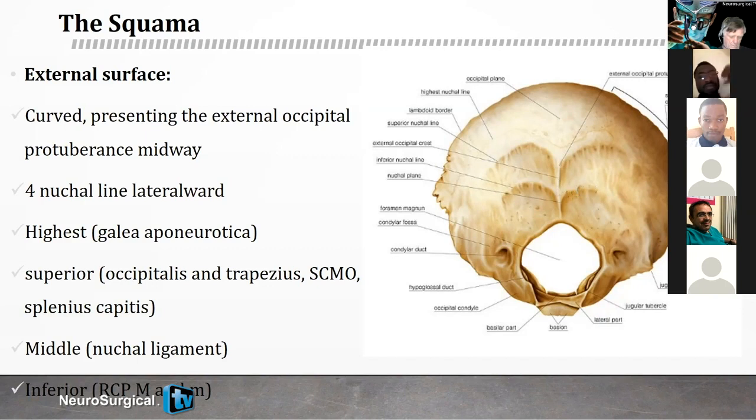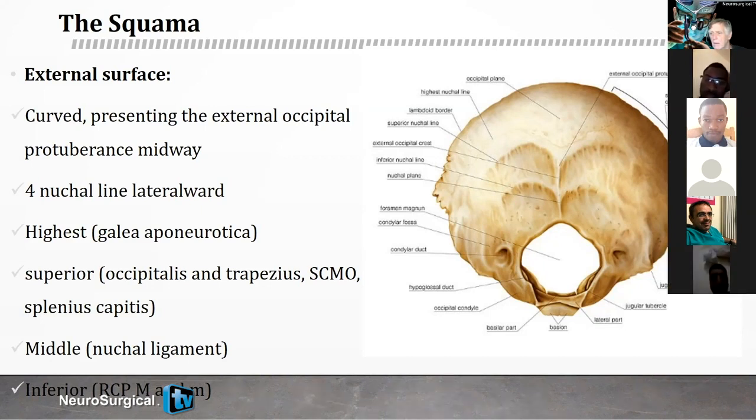There is a median nuchal line which descends from the external occipital protuberance to the foramen magnum. It gives insertion to the ligamentum nuchae. Running midway between the median nuchal line and the nuchal plane is the inferior nuchal line.